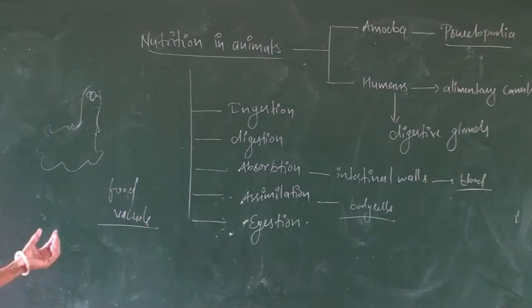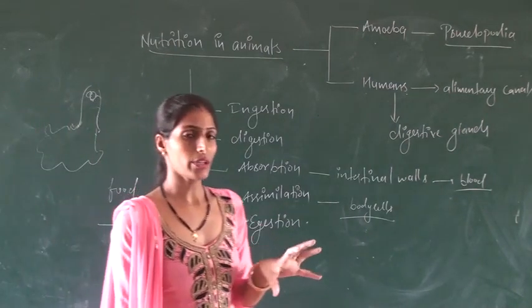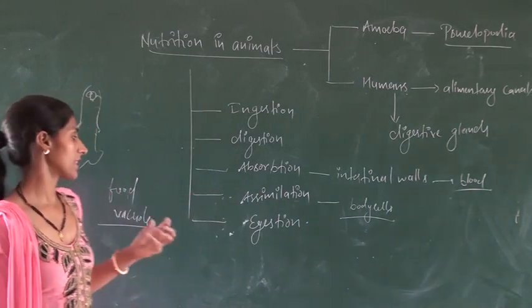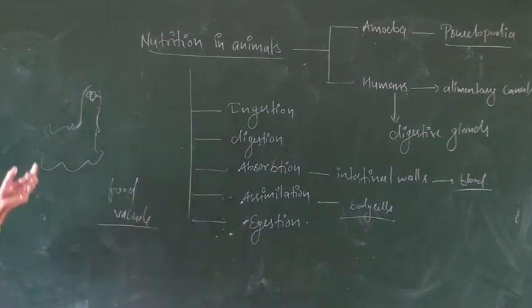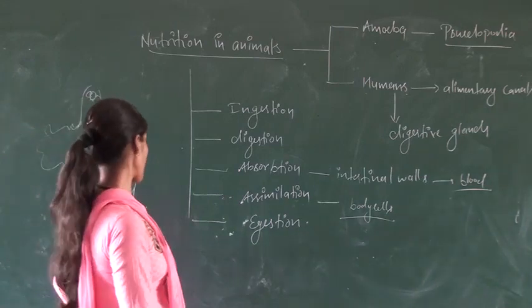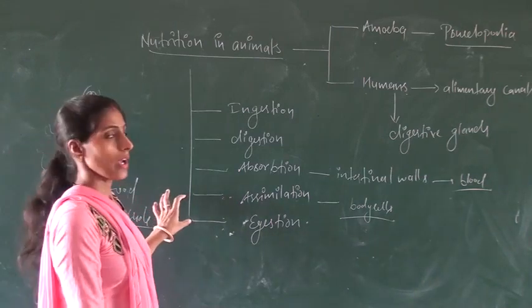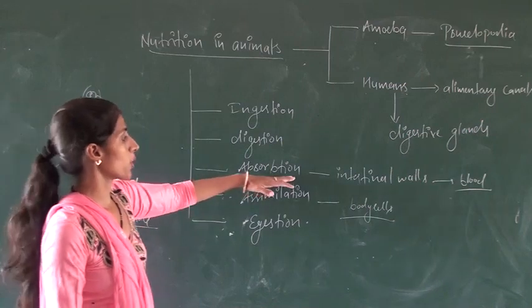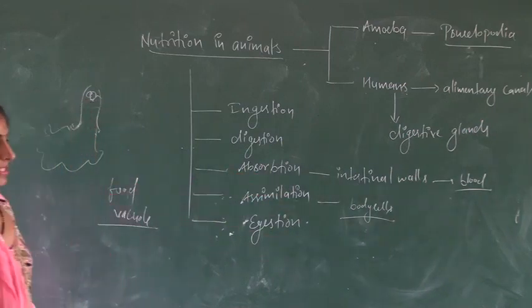And the process of digestion, means breakdown into simple substances, takes place due to the presence of the cytoplasm in amoeba. After that, this digested food is further captured into the food vacuole and the process of absorption takes place.